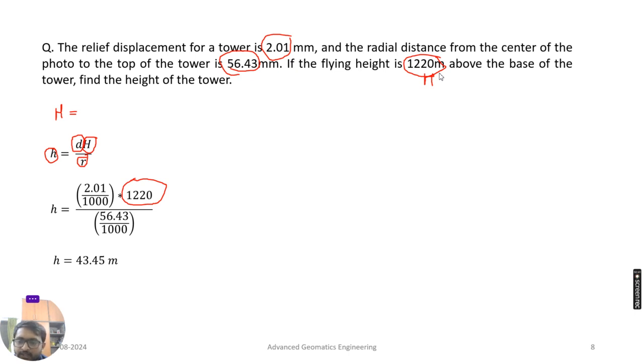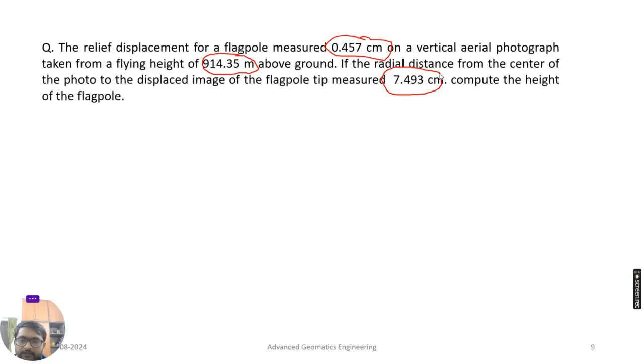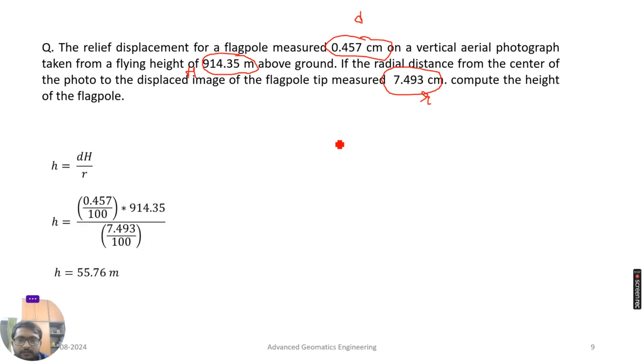Yes, sir, 55.766. Small h equals d times H by small r. We have the d, then capital H you have, and r you have. So I got two answers. Now we'll check it out. So it's 55.7.